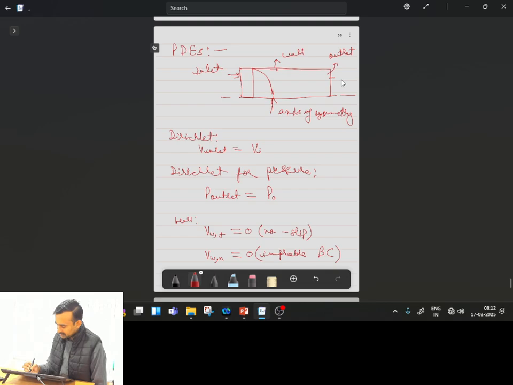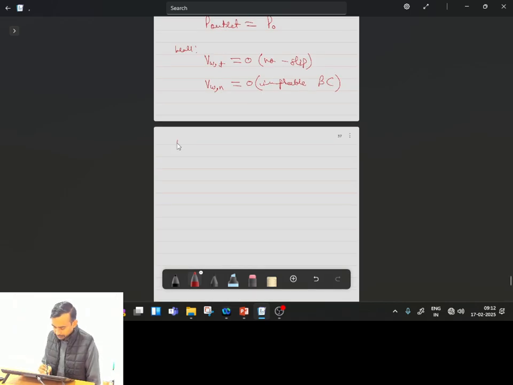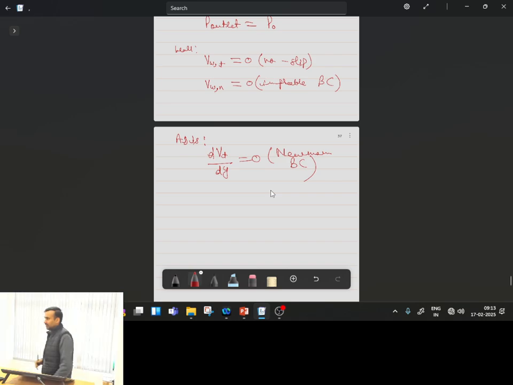If I consider this vertical direction to be y, then at the axis, dV in the tangential direction, because we can also have two components, and we are considering the component which is parallel to the axis, so dV tangential divided by dy will be equal to 0. This is coming because of the symmetry condition, and we will call this our Neumann boundary condition. Is this clear? Because here the gradient of the variable we are specifying.